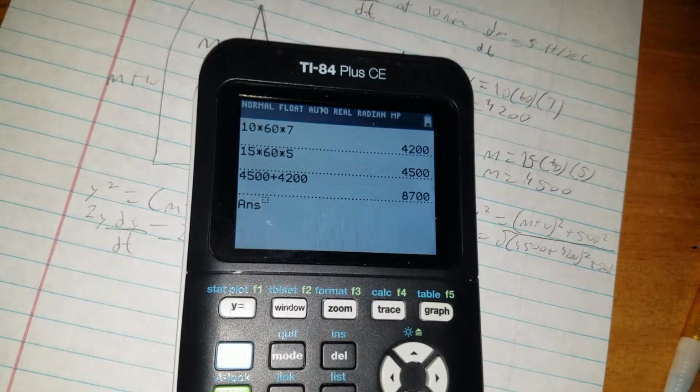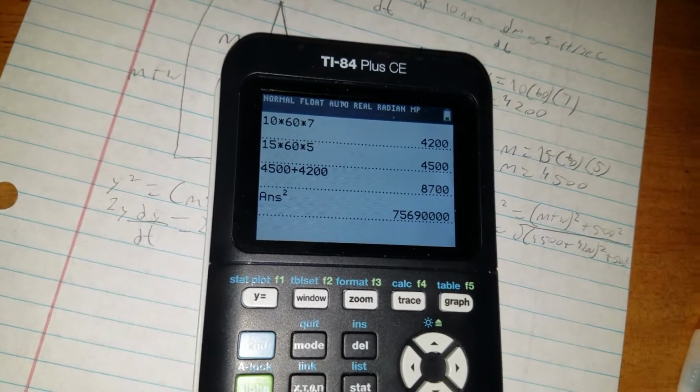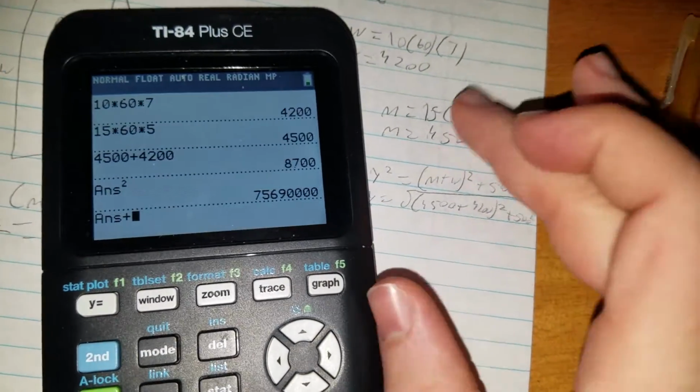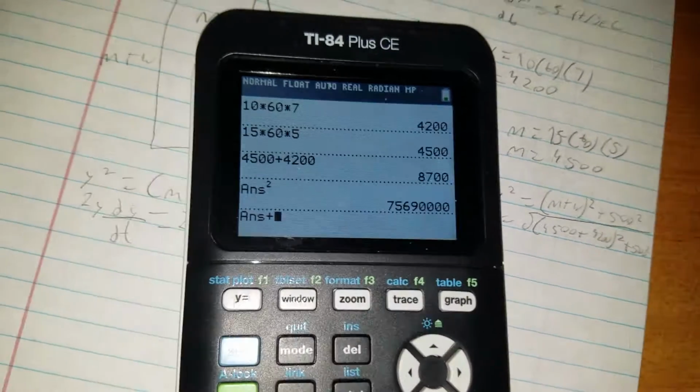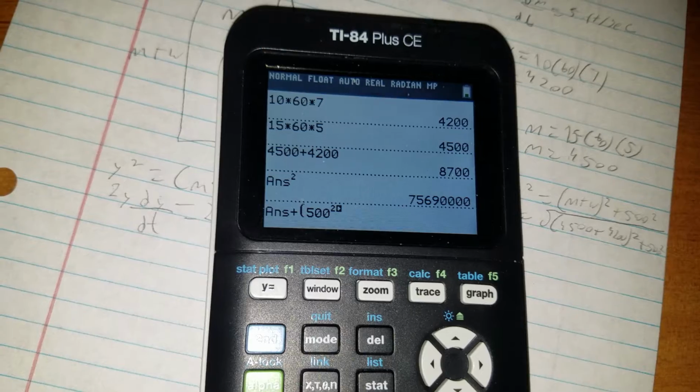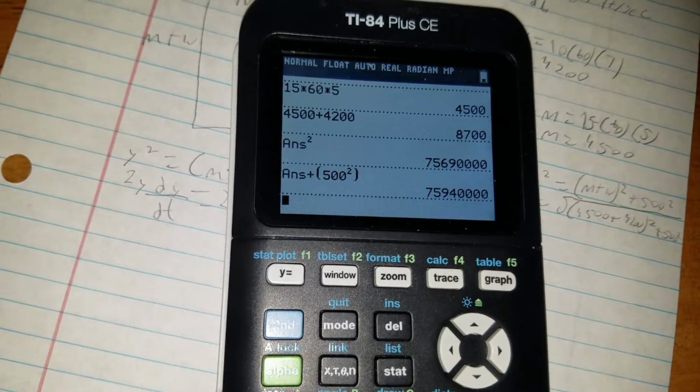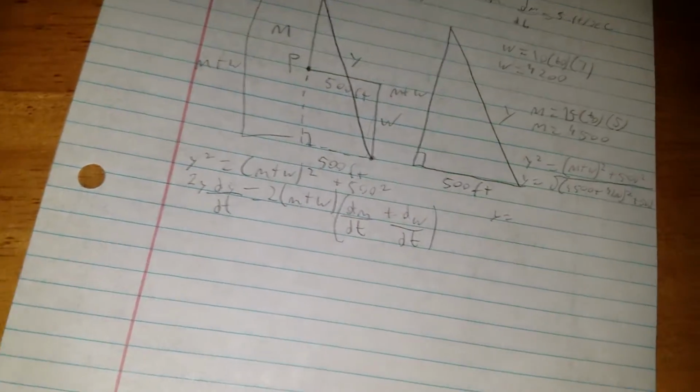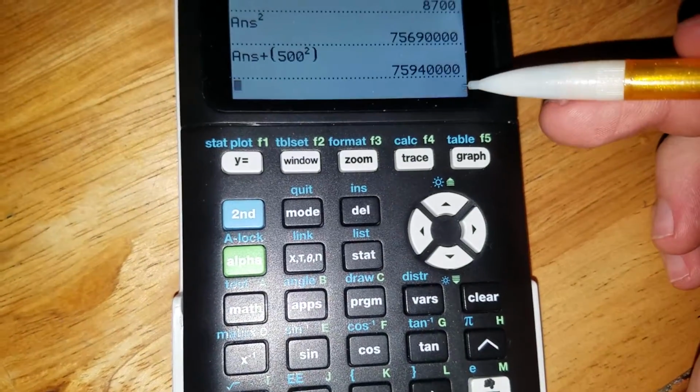Now we find the square of that, and we add it to 500 squared. And now we have y equals the square root of whatever this number is.